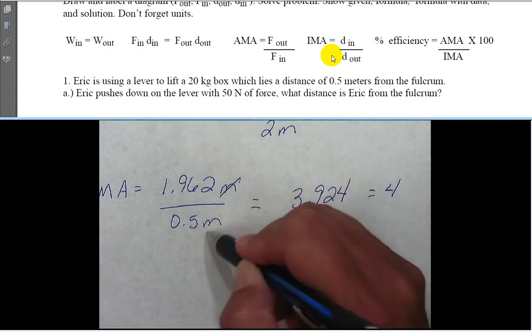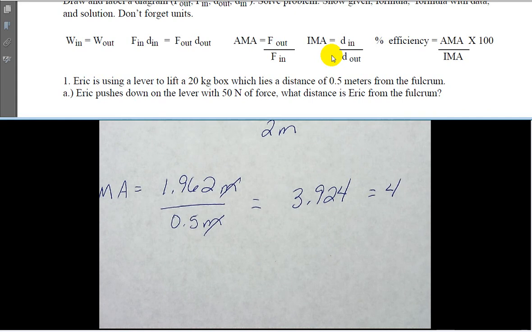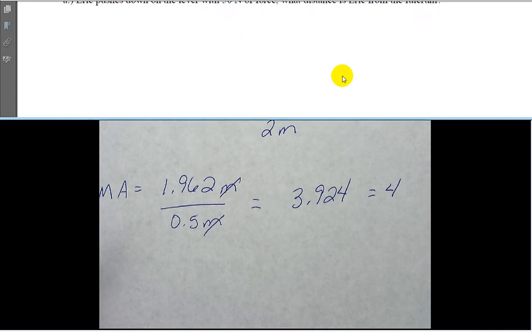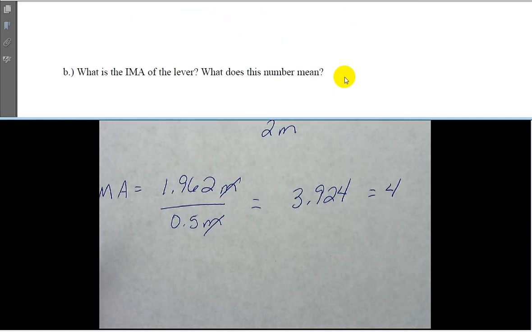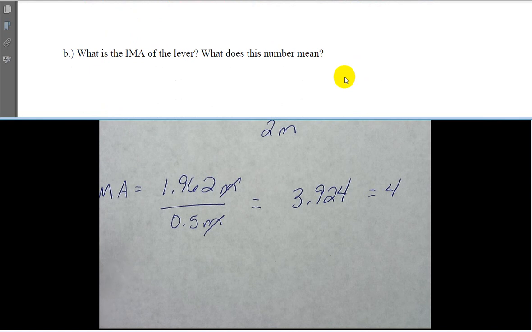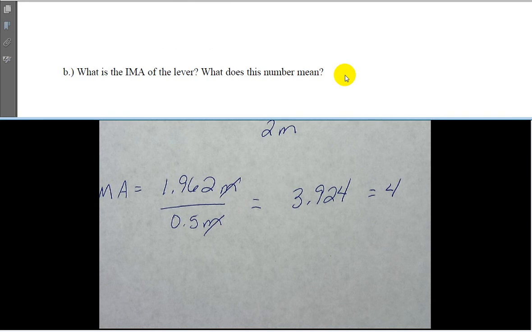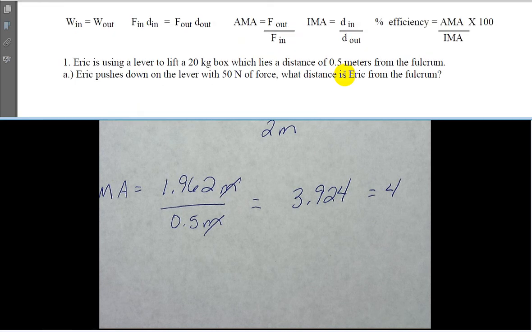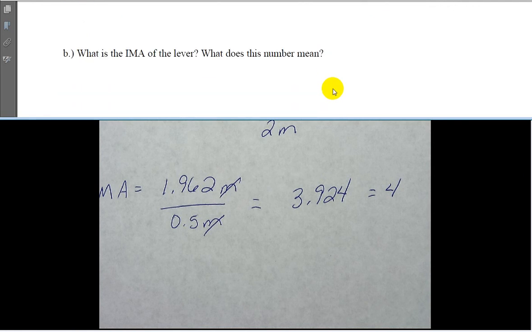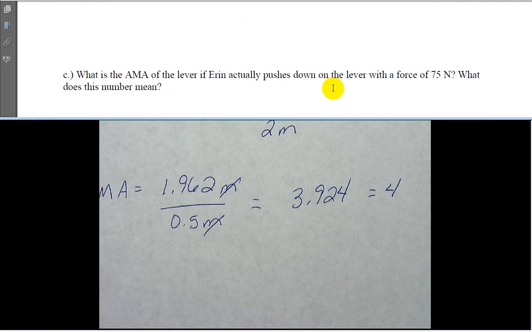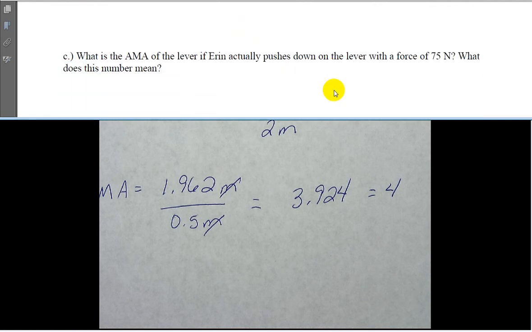These meters have canceled out. So what does this number mean to you? This number means that it is 4 times easier to lift that box because you put it on a lever system. You increased your distance, so you decreased your force.